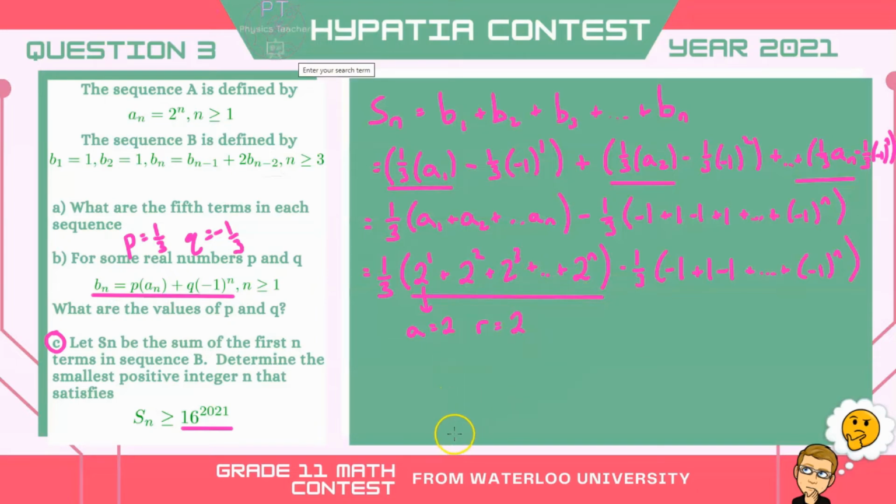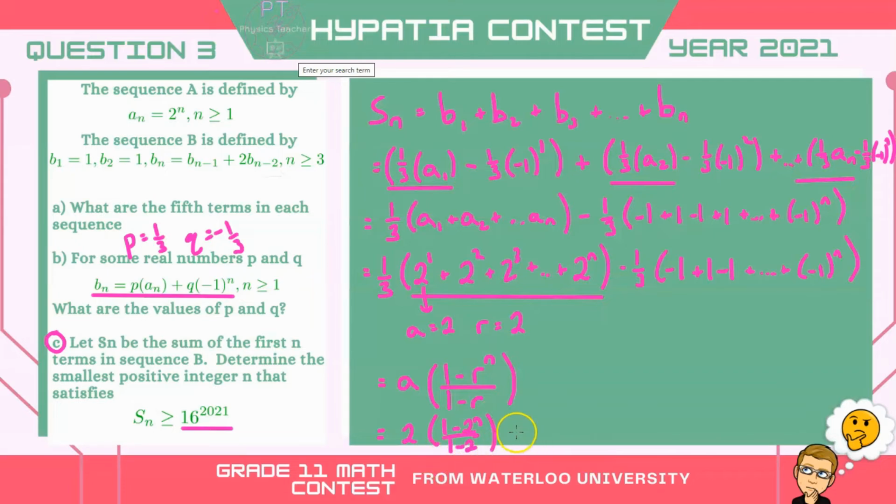Now on the exam, it does give you an equation for the sum of a geometric sequence, and that equation is that first term A, all times 1 minus that common ratio R to the power of n, divided by 1 minus R. And that is as long as R does not equal 1, because then you'd be dividing by 0. So in our case, this first bracket has a sum of 2 times 1 minus 2 to the n, all over 1 minus 2.